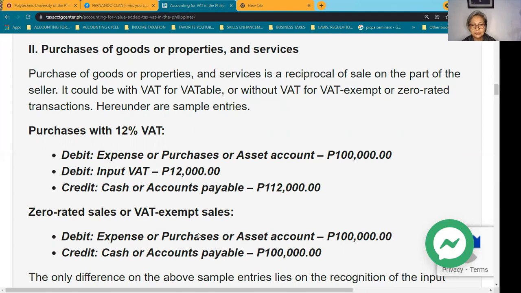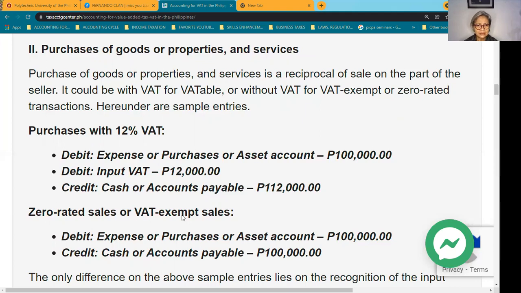So, ang input VAT is a debit and an output VAT is a credit. Input VAT is an asset. Output VAT is a liability. So, debit expense, purchases or asset account, debit input VAT, and credit cash or accounts payable.